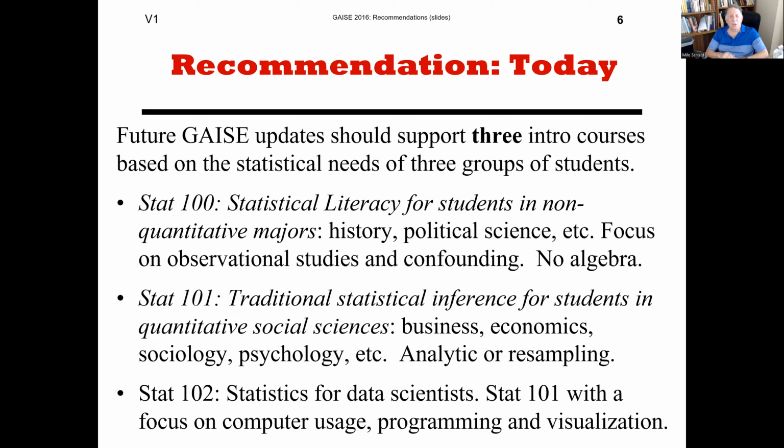It's the Stat 101 course with a heavy focus on computer usage, programming, and visualization. Yeah, you might get by with using statistical packages, but if you're really talking about data scientists, you should have a programming language. You know, RStudio, whatever. Okay. That's what I think needs to be present in the next update.